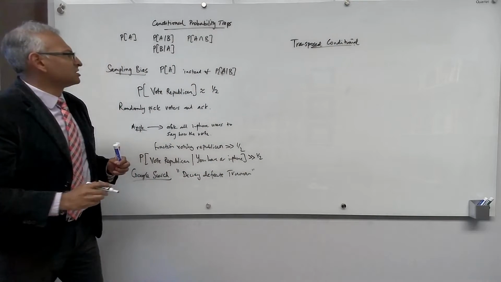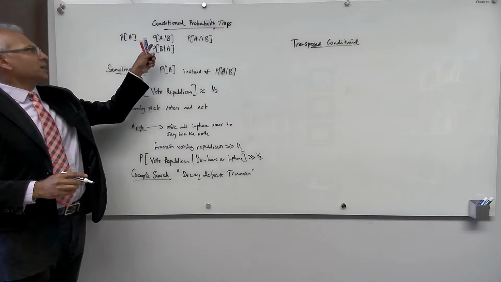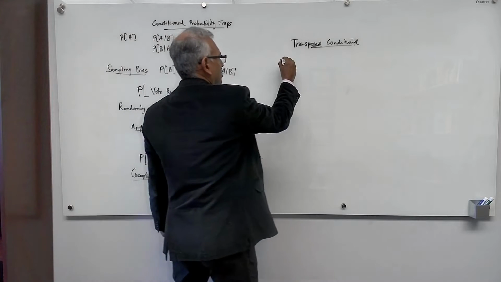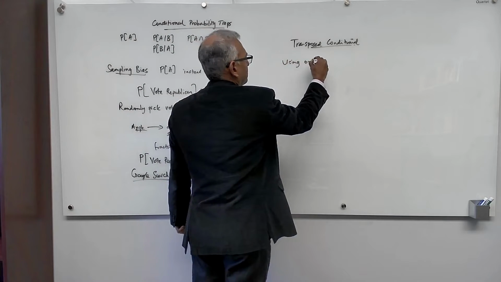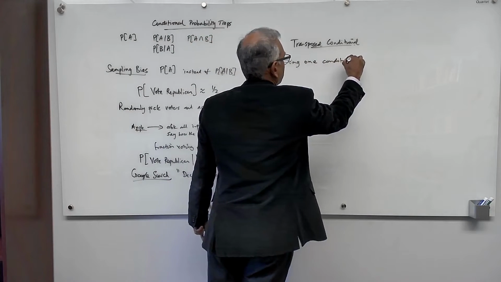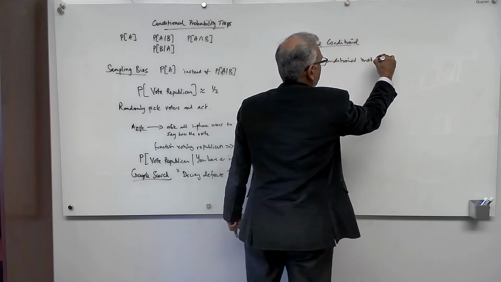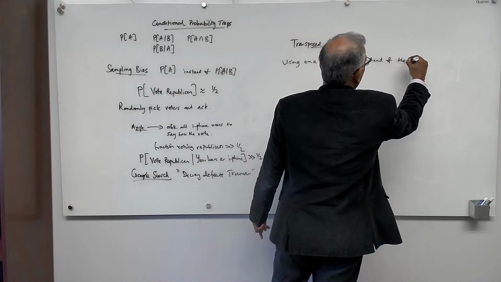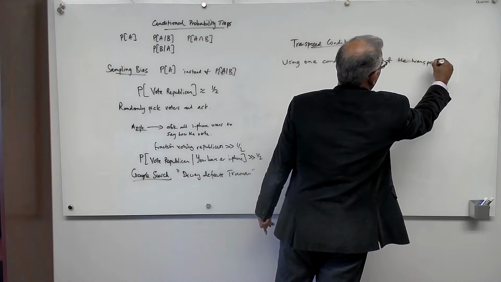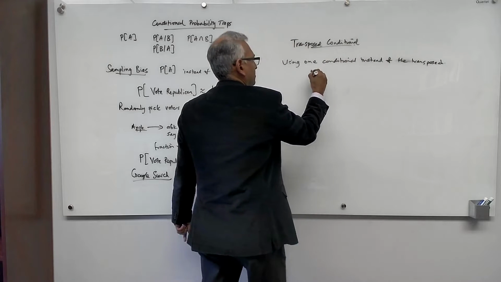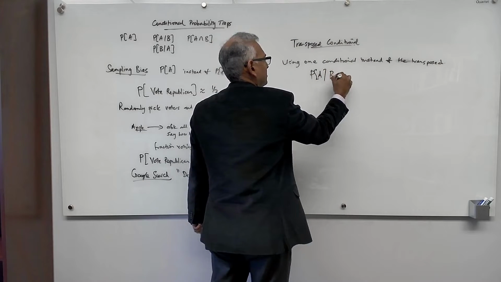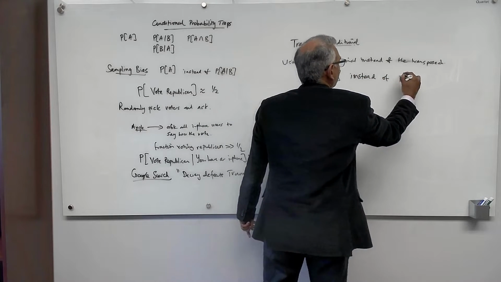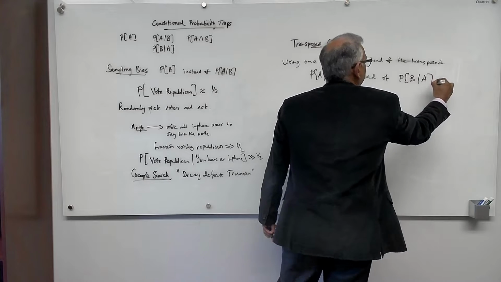The transposed conditional is where you're using the probability of A given B when perhaps you should be using the probability of B given A. So using one conditional instead of the other, the transposed: the probability of A given B instead of the probability of B given A.